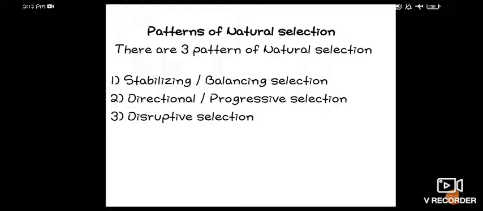We can simply describe these as the patterns of natural selection. There are three patterns by which nature selects individuals for the next generation or to continue their races. The first is stabilizing, or balancing, selection. The second is directional, or progressive, selection, and the third is disruptive selection.